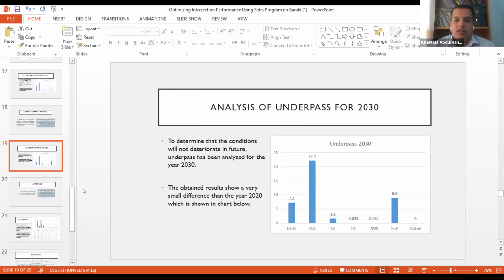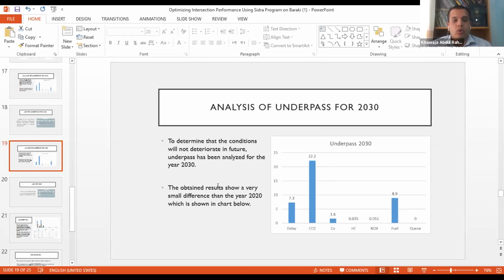As we can see in the table, about 7.3 seconds of delay can be made in the peak hours, and about 22.2 kg of carbon dioxide can be produced by the cars which are stuck there, and about 1.6 kg of carbon monoxide. All these gas emissions are only for 1 hour, and about 8.9 liters of fuel can be consumed in the peak hours.